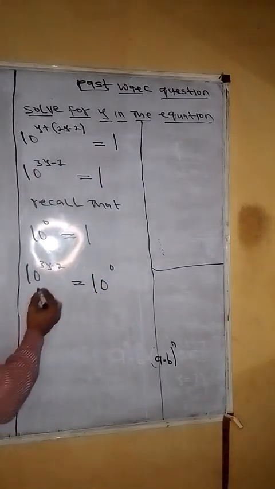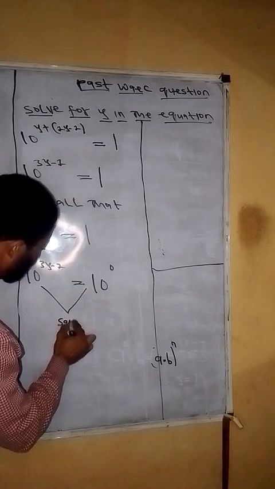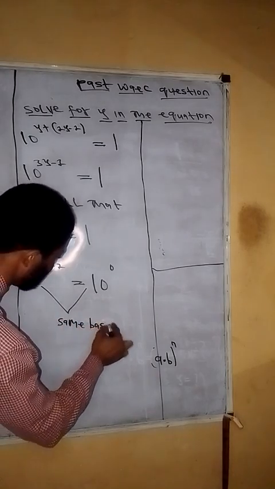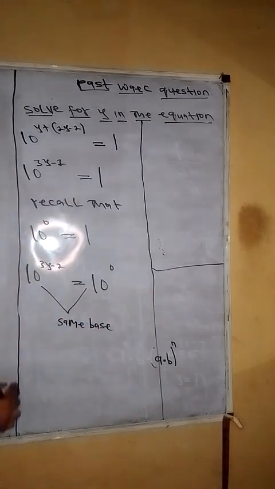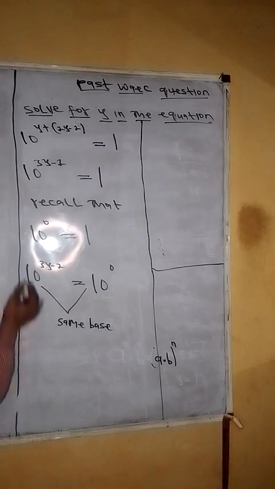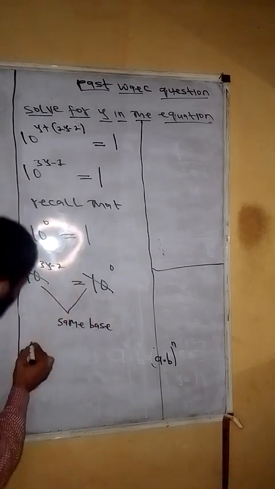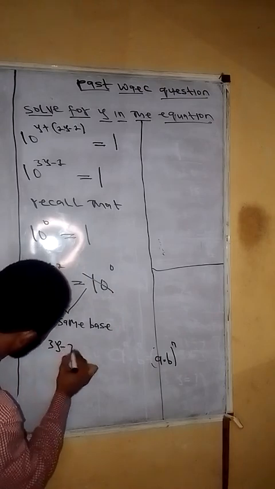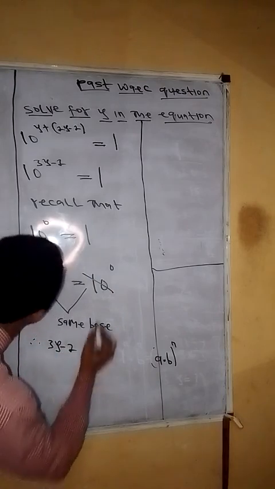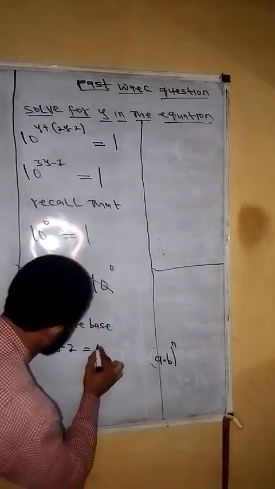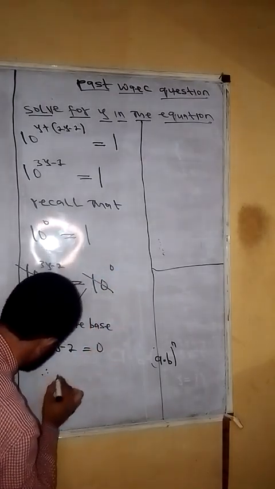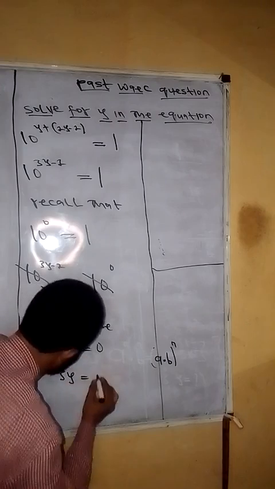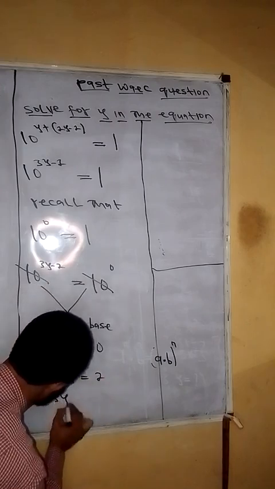Now since these two bases are the same base, all we need to do is to cancel the base and equate the power. So this and this cancels out. At the end of the day, we're going to have 3y minus 2 is equal to 0. Therefore, 3y, if I collect like terms, is 2.